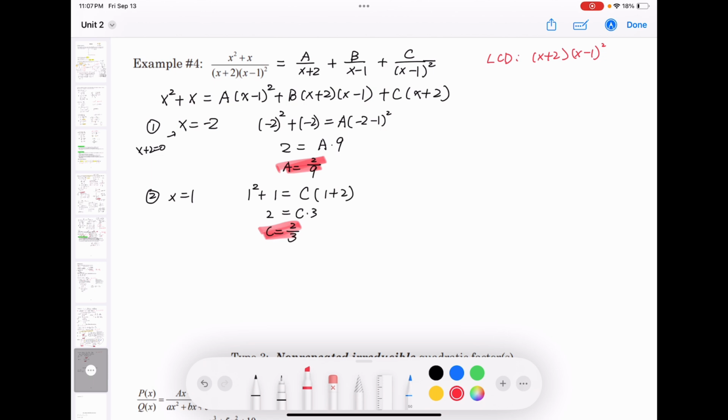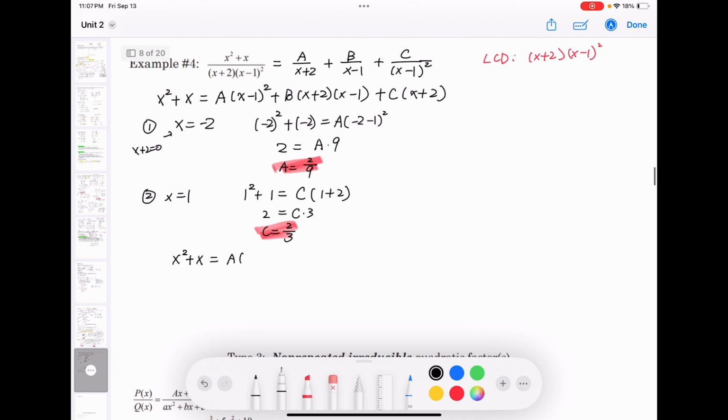And we don't have any more convenient values. What should I do? Expand our right-hand side and list the equation. So x squared plus x is equal to a times x squared minus 2x plus 1 plus b times... so FOIL it.